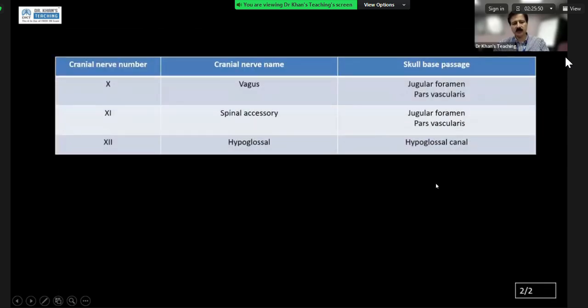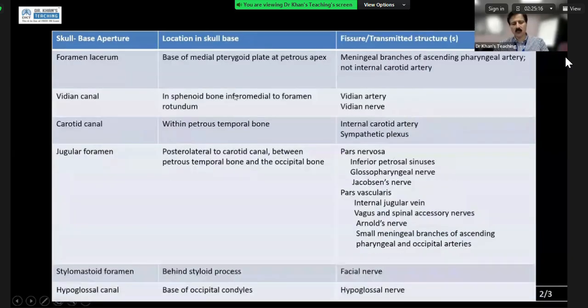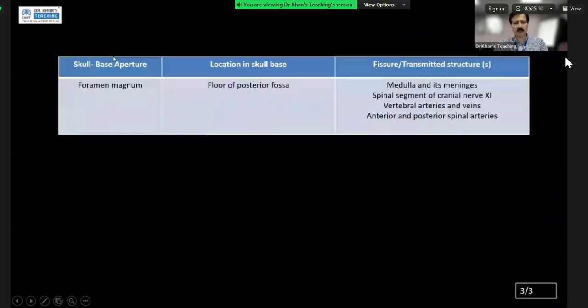The second perspective is to learn from the perspective of the foramen, what structures pass through each foramen. Some of these things are important for anatomy students because they ask in the exam, but many of them are not important for radiology because we cannot see them, small branches and things like that. So the big things you have to remember, and I'll just concentrate on big things. Both perspectives you should remember, the perspective of the foramen and the perspective of the nerve.